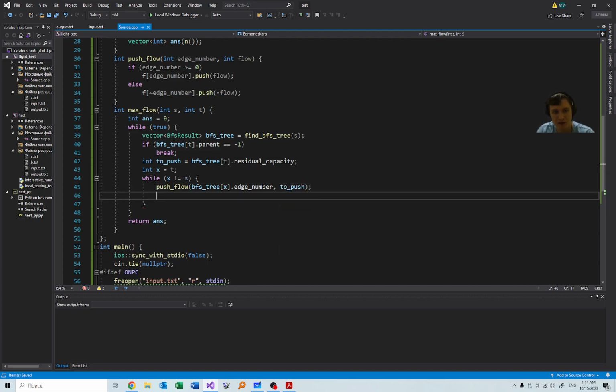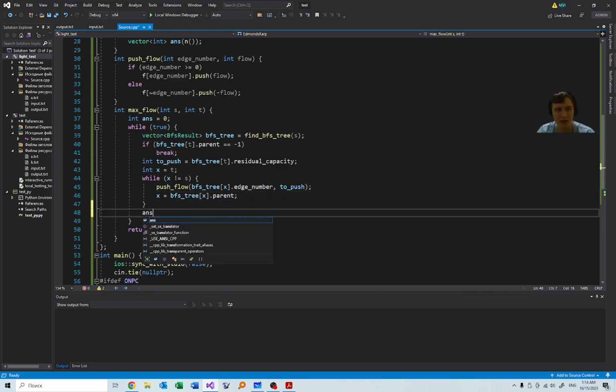Then we jump from x to bfs3 of x dot parent. Great. And finally we say that ans plus equals to push.